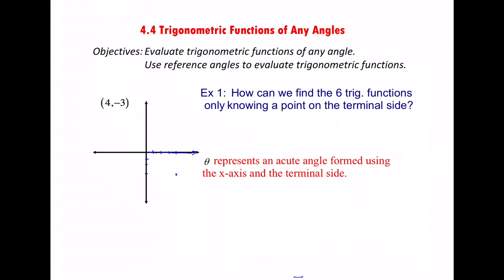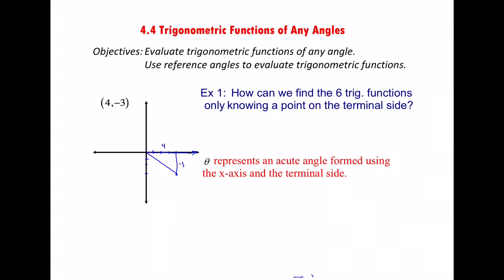Approximately somewhere right here. So if we draw in that angle, we create a right triangle, 4 positive units for the x and negative 3 for the y. Now we know that distance is not negative 3, that's just more about where the location is.